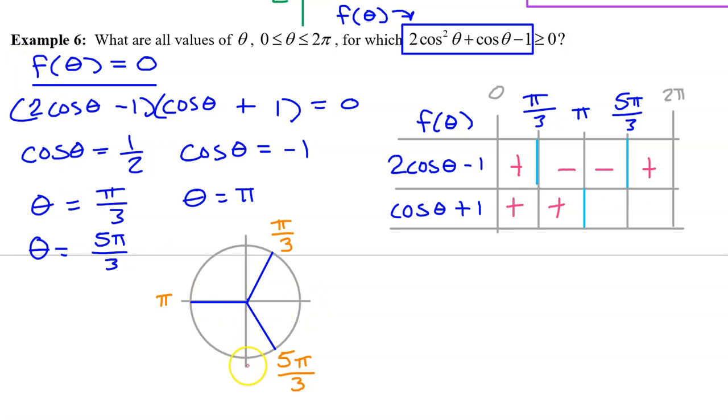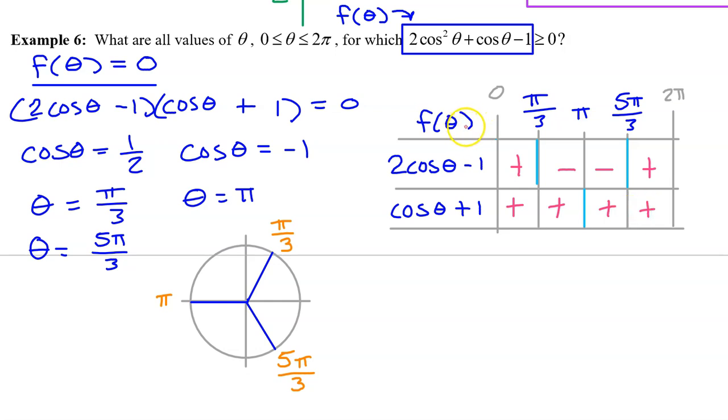At 3 pi over 2, the x value and thus the cosine is 0. So we have 0 plus 1, which is positive 1. So this factor is positive on this interval. Similarly, if we used the 2 pi, at 2 pi, the x value is positive 1. So we would have 1 plus 1, which is also positive.